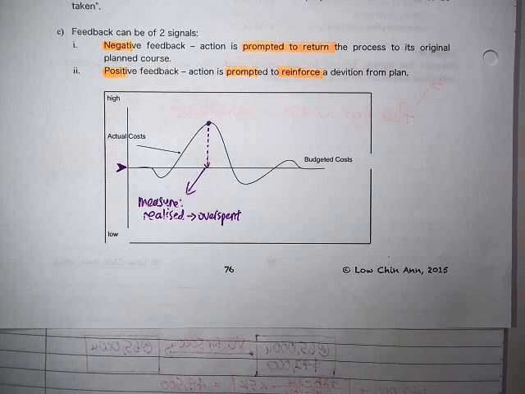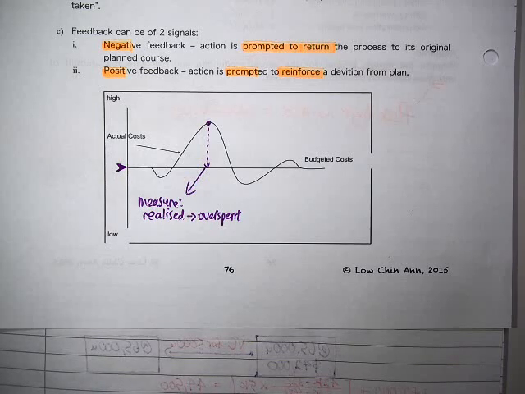What will happen naturally if you overspend a lot? Continue overspending? Of course not. Of course you will call for a meeting. You will ask the staff, hey, what are you doing here? How come the amount is overspent? Why didn't you all control the cost nicely?